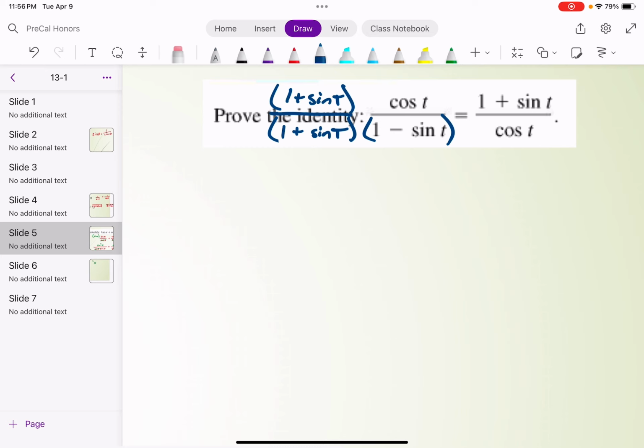So first thing would be to multiply your numerator, so the cosine of t times 1 plus sine t, over 1 minus sine squared t.